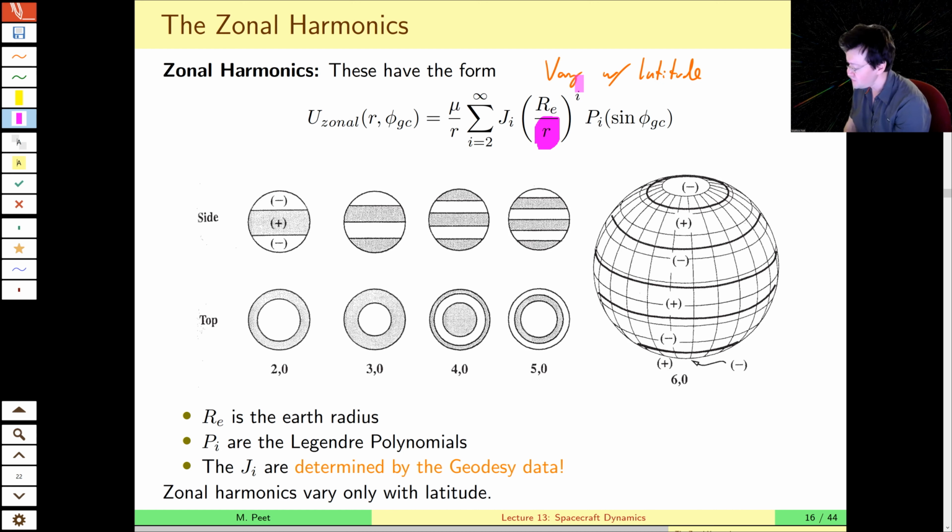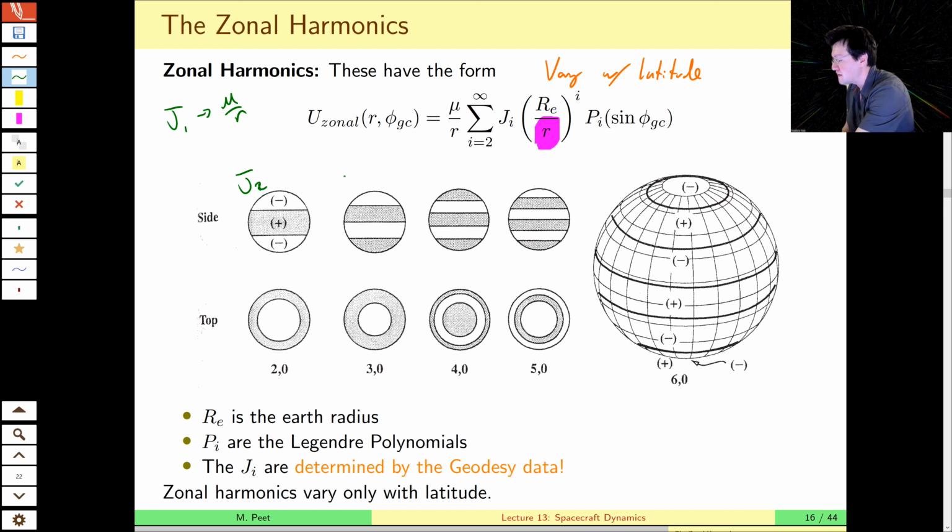So the Earth, the primary perturbation to the Earth is this J1 perturbation or J2 perturbation. Technically, J1 is mu over r, so we already got J1 in there. This is J2, J3, J4, and so forth.